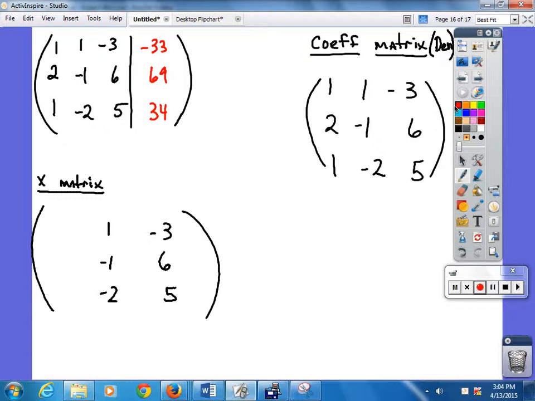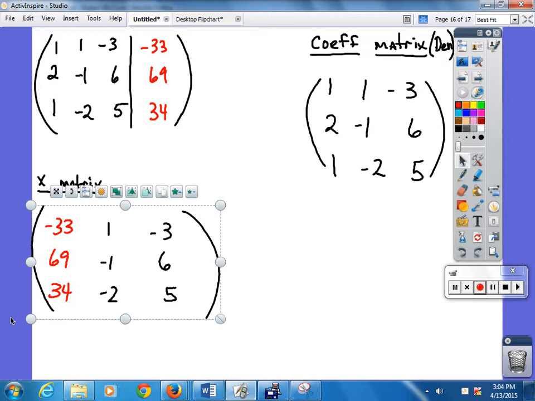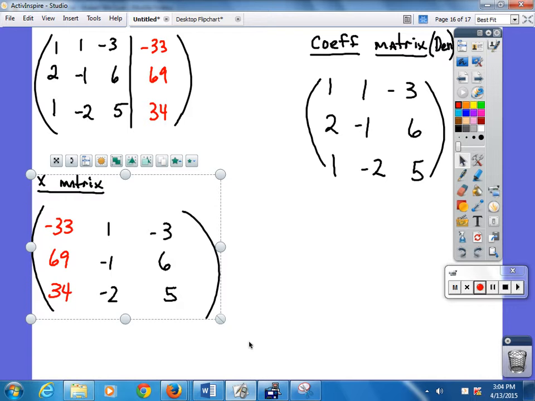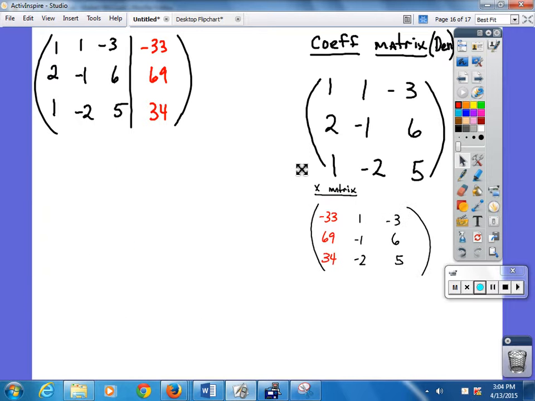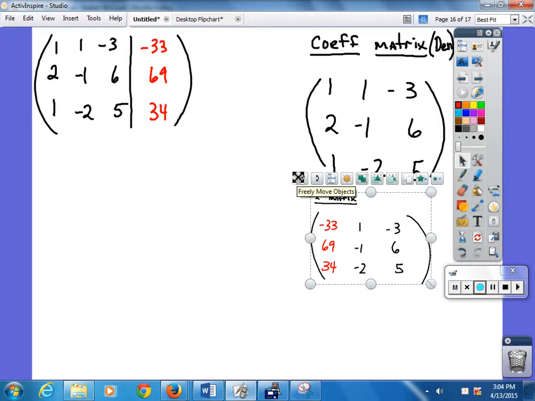Negative 33, 69, and 34. And that's what we call the X matrix. I'll make it a little bit smaller. Now the X matrix, I'm going to put right beside it, just like I did the denominator over here. I'm going to put X numerator.